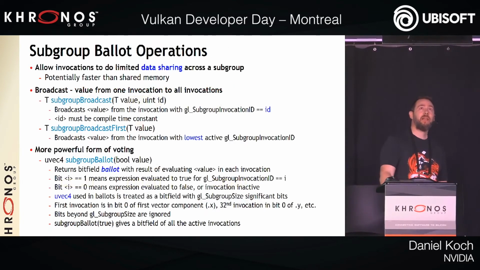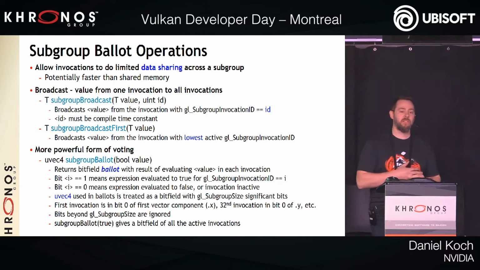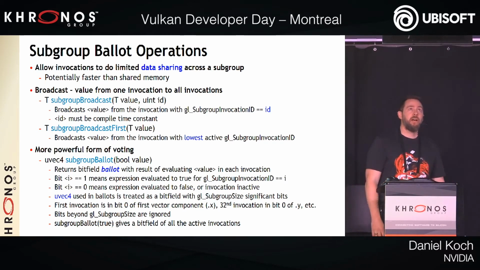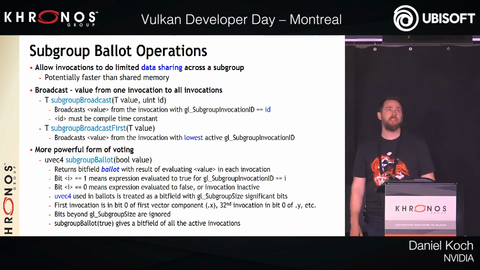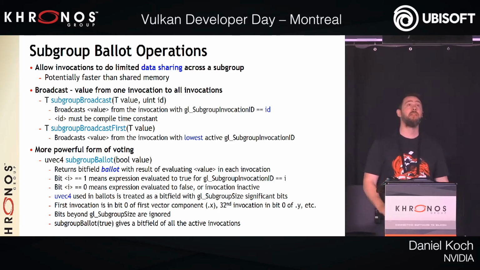Okay, ballot operations. Balloting allows you to do limited data sharing across the subgroup, and this is potentially faster than going through shared memory. Subgroup broadcast basically takes the value from one thread and spreads it out to all the other threads. With the broadcast operation, the ID must be a compile time constant.